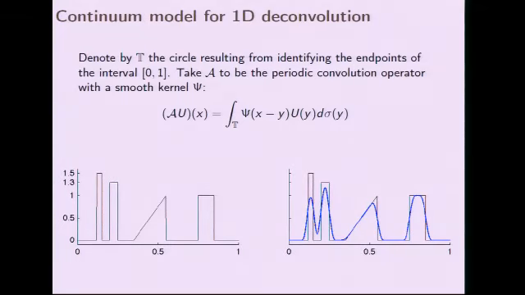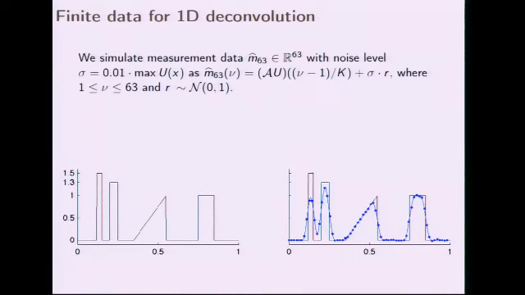I actually use a torus, so periodic functions, to remove difficulties near the boundary. So I take the convolution, evaluate it at some points and add some small noise. And this is our data. These blue dots are the data that we use as given data.